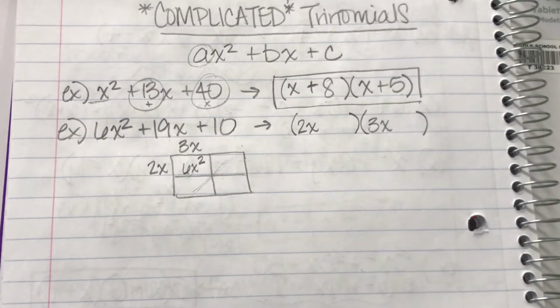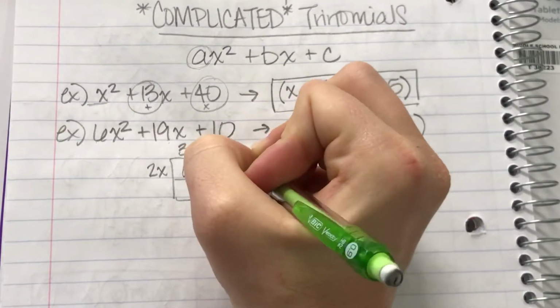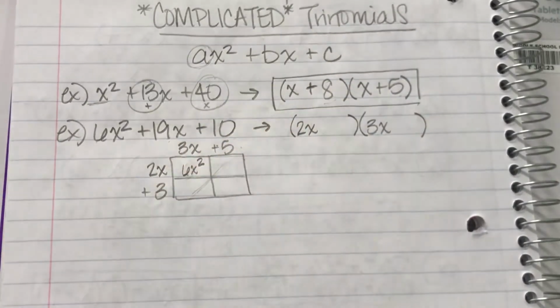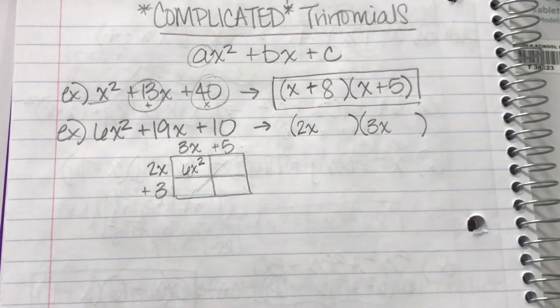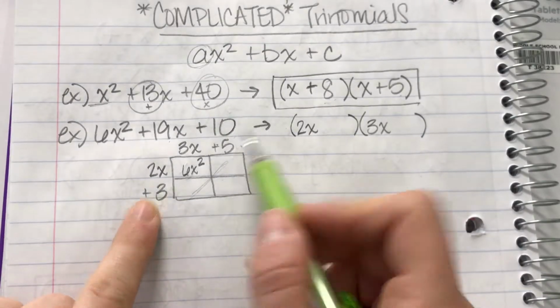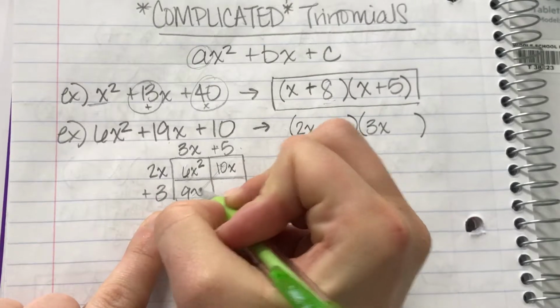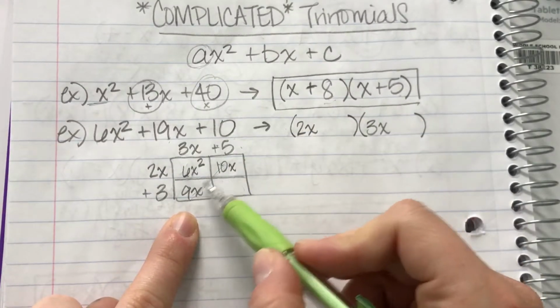3 and 5. Carlos, you want 5 up here? But they're going to make 10. So let's test Carlos's answer. He tried 5 and 3, and I'm guessing the reason he tried 5 and 3 is because that would make 10x and 9x, and he got the 19.